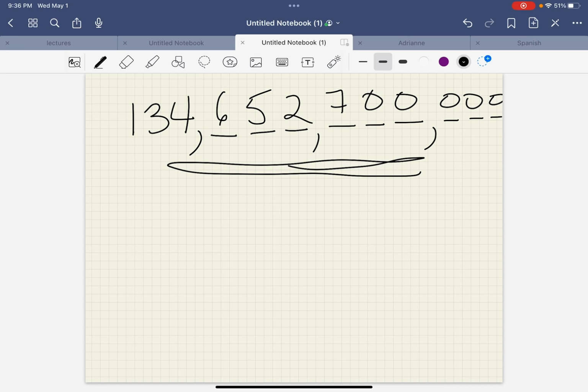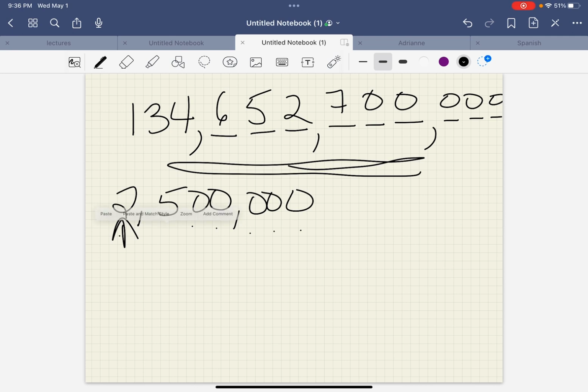Okay, next, this is actually the last one. It says write this in expanded notation. For expanded, we need to know what the place value is. So ones, tens, hundreds, thousands, 10,000s, 100,000s, millions.